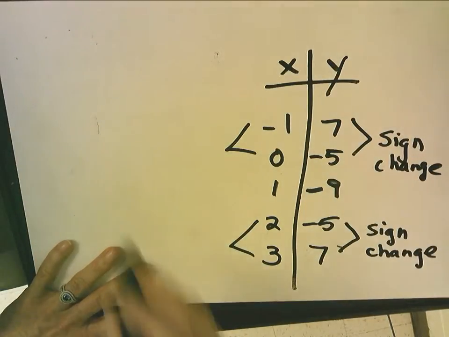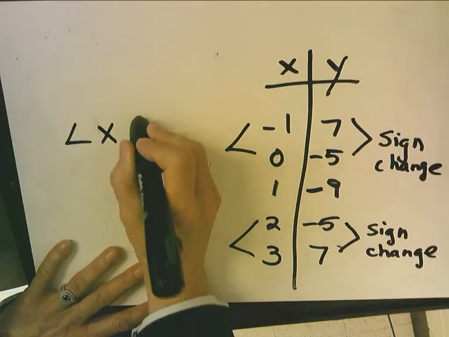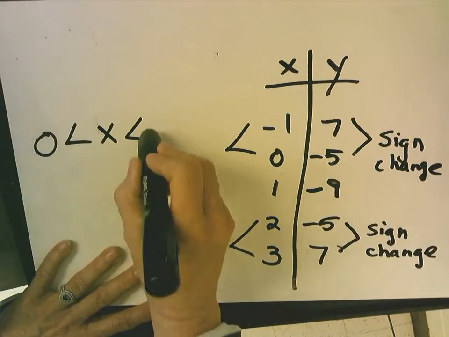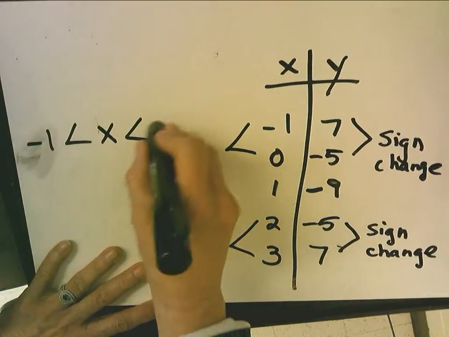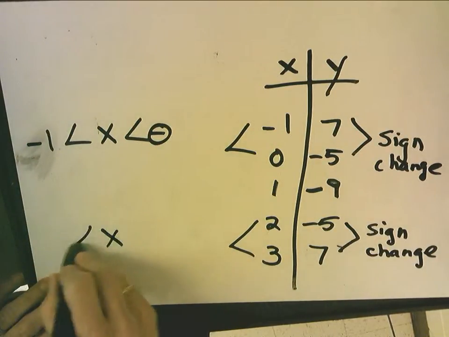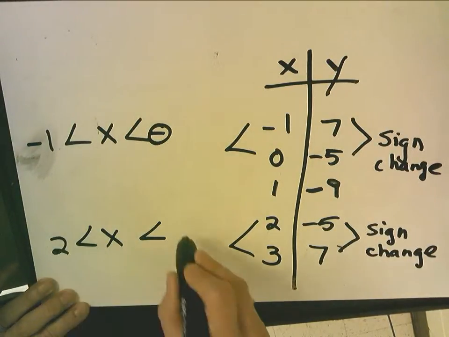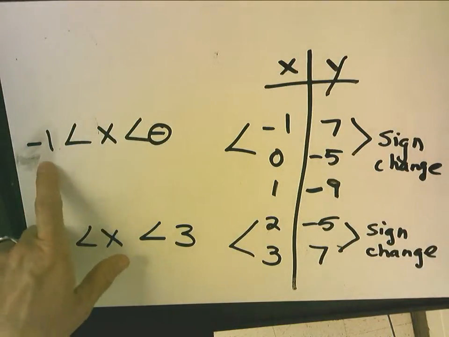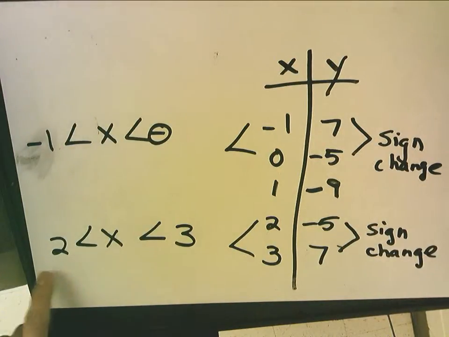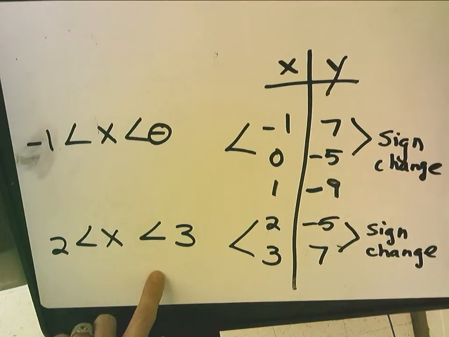Which means my solution is somewhere in between negative 1 and 0, and here somewhere in between 2 and 3. So you're not going to give me an exact answer, but you're going to tell me x is somewhere between negative 1 and 0, and x is somewhere between 2 and 3.